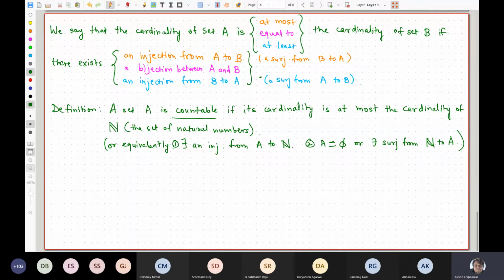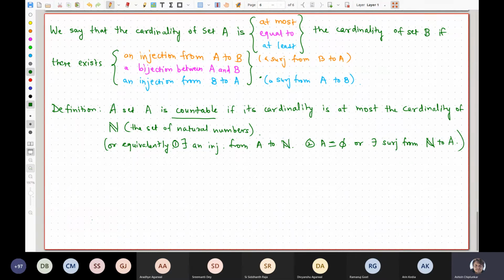Yeah, Aradhya? So can we say that the cardinality of the set of natural numbers is the smallest among the cardinalities of all infinite sets? Smallest among the cardinalities of all infinite sets, yes, you can say. Why? Because if a set is infinite, then it is non-empty, obviously, so you can pick out one element.